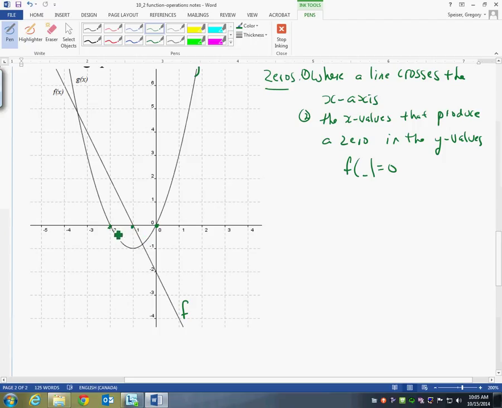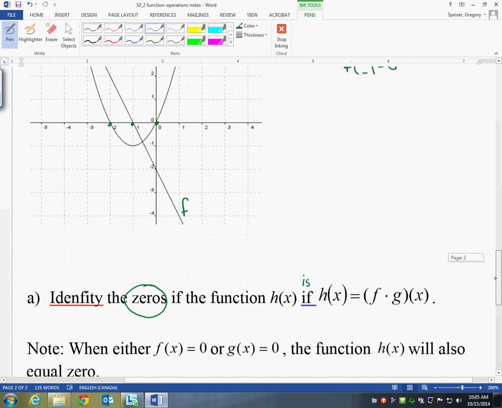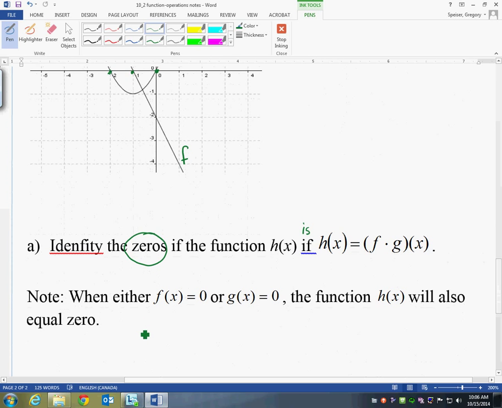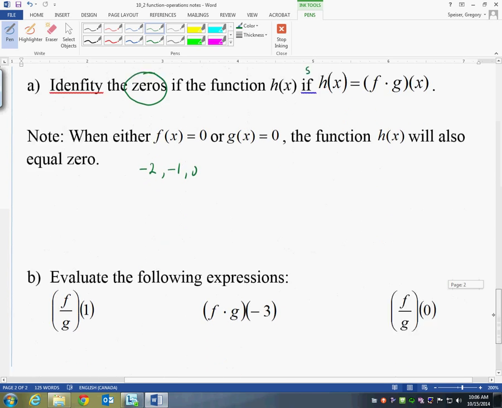So in this case, if we're multiplying the values together, then as long as one of them is equal to 0, the product will be equal to 0. So the answer to the first question is, it's going to be negative 2, negative 1, and 0. And those are those three spots that I identified right there.